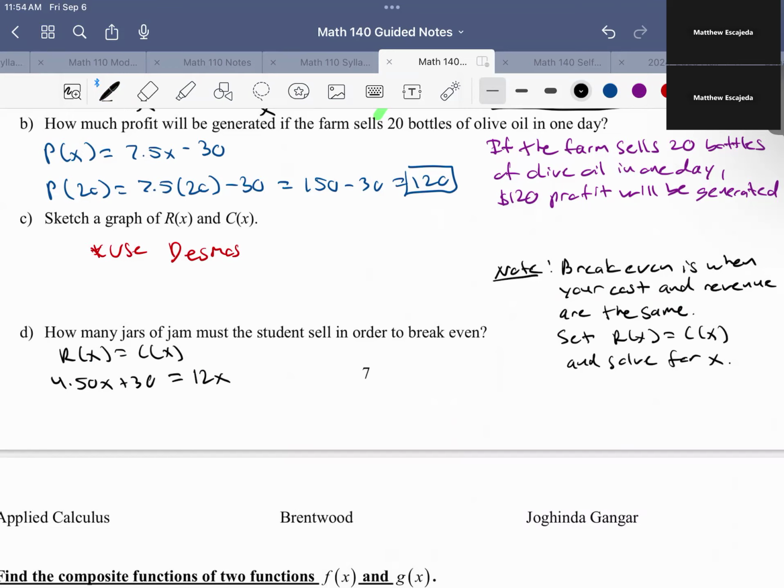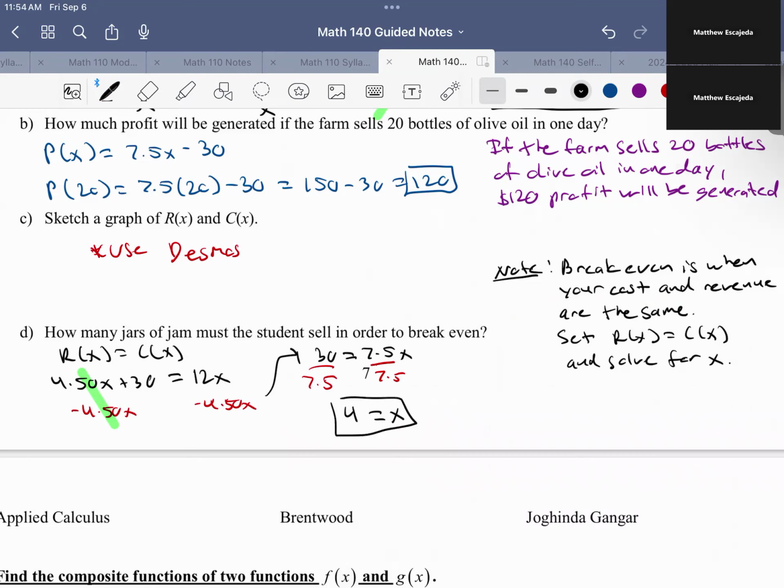So I will move the 450x over to the right side, so this guy cancels out. What I'm left with is 30 equals 7.5x. Now I'm going to divide by 7.5 on both sides, just basic algebra that we reviewed. So 30 divided by 7.5 is x equals 4.